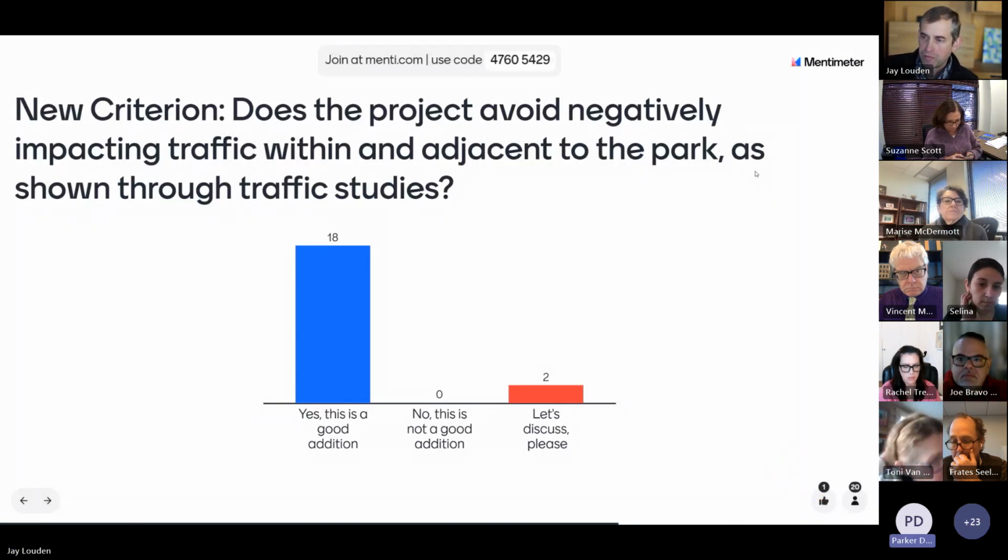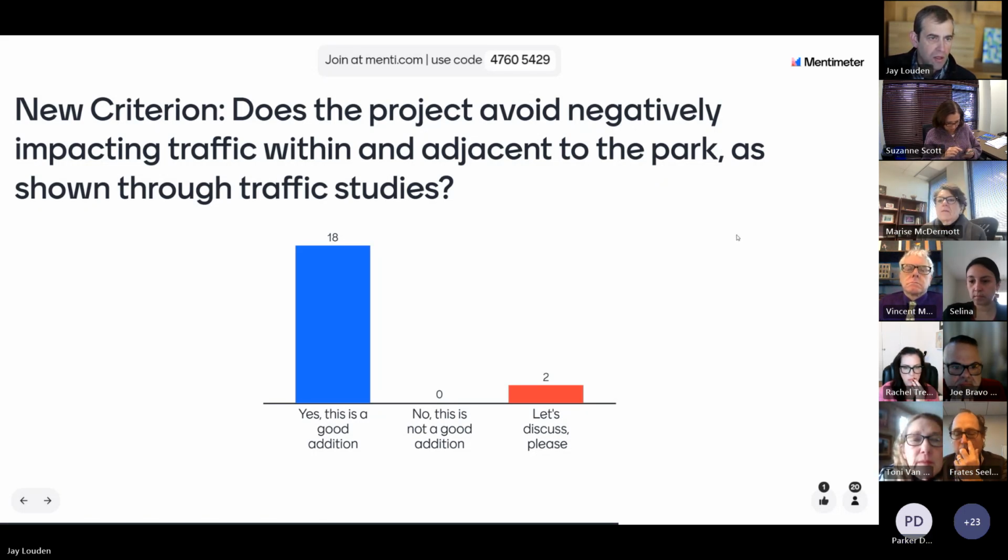I'm a little confused by this one, because does this mean we don't want to adopt projects that could increase traffic to the park? I think that's basically what it's saying. Yeah, "additional negative impacts to traffic within and adjacent to" says that.